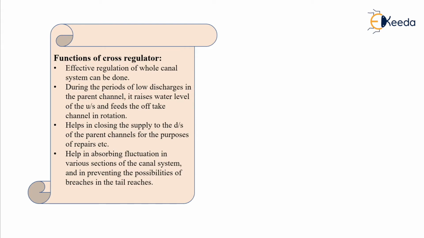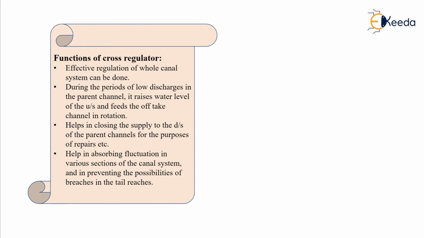So if there is no rainfall, the discharge in the main canal will be very low. In that period, by constructing this regulator in the path of the water, we increase the water level, and because of that increased water level, we can feed this off-taking channel, this distributary channel, in rotation.